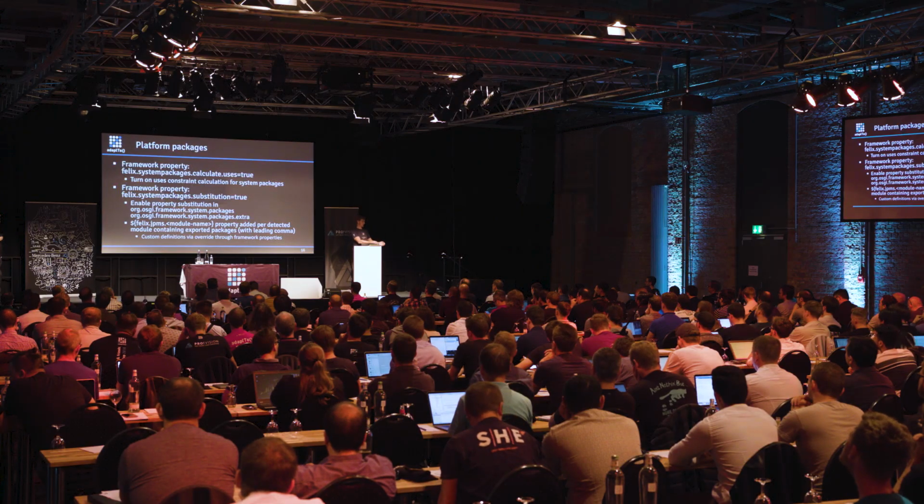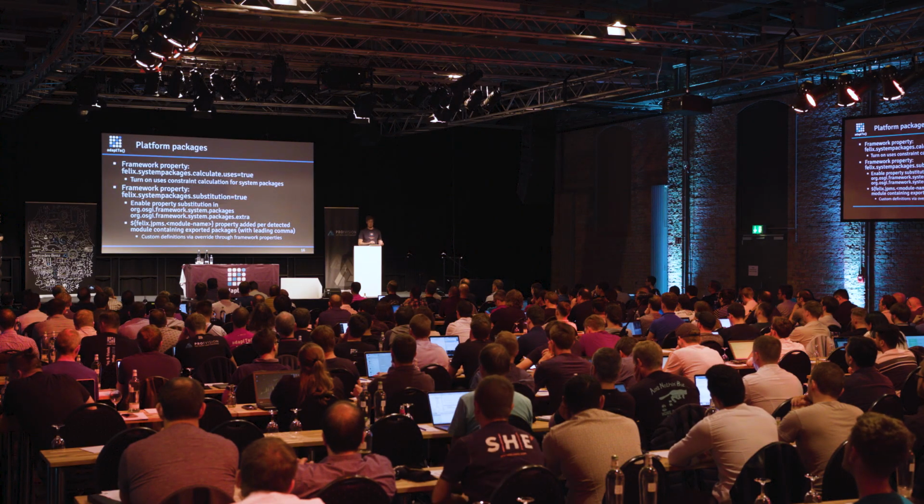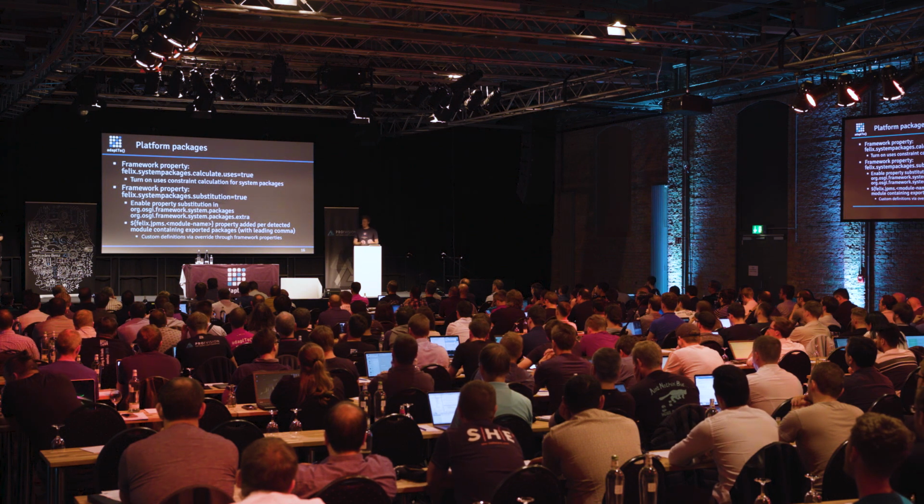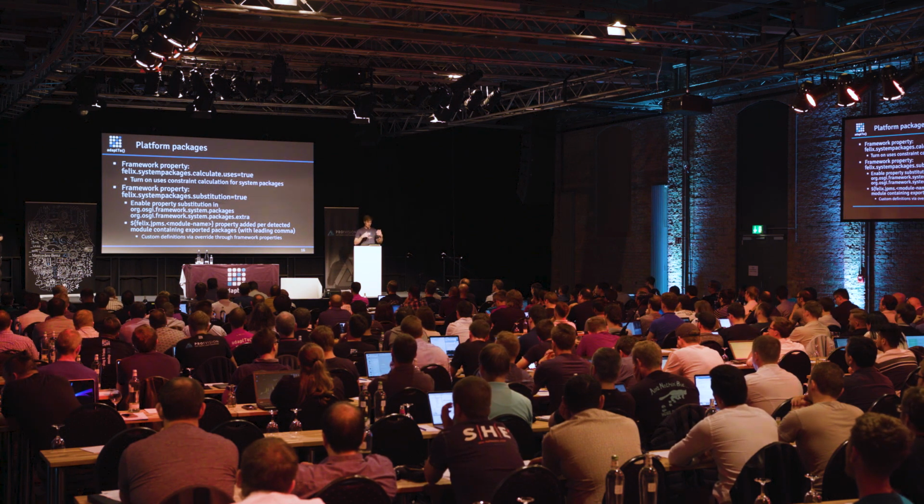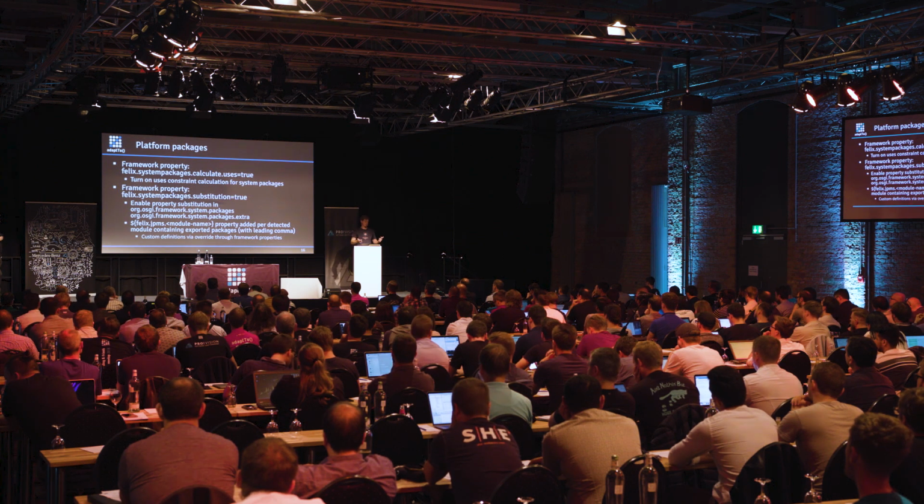So if there's a java.sql module on the module path, we provide a property with that prefix, and you can reference that with a $ sign in the system packages or system packages extra. This way you can create your own system packages if you want to, based on available modules, and limit it. If you don't specify those at all, we calculate them dynamically and you get everything.